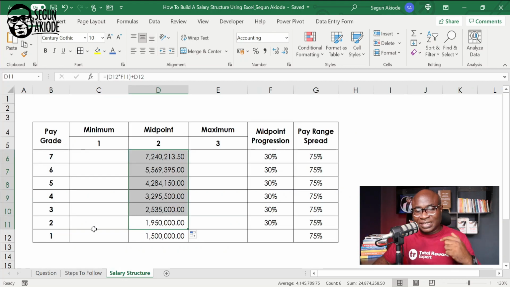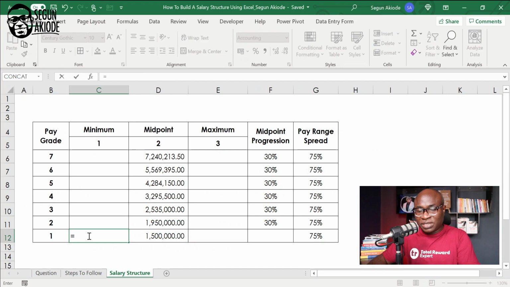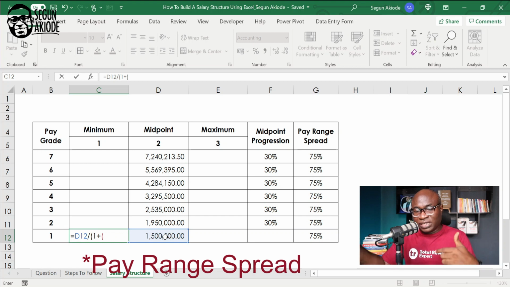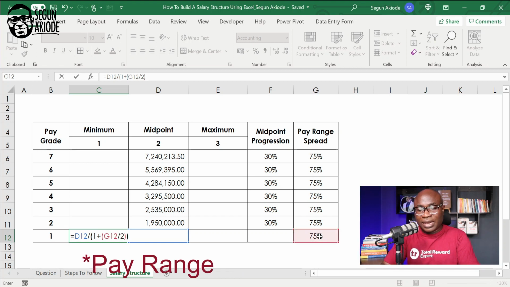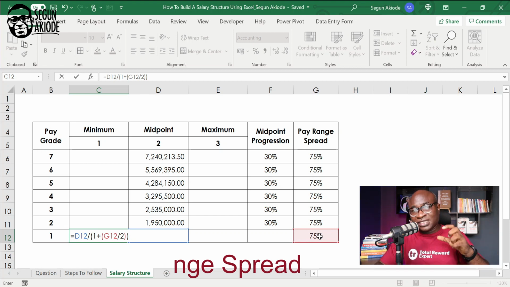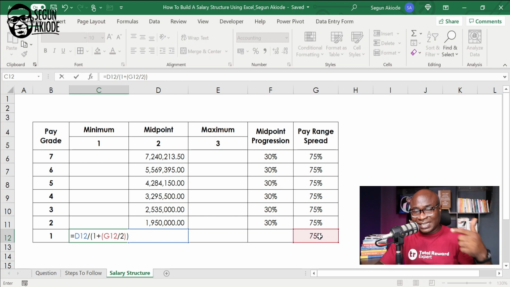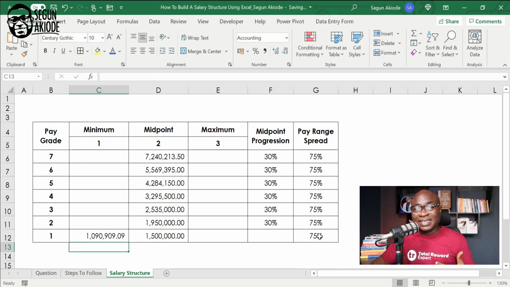Let me illustrate that in the calculation. So you would pick the midpoint, you divide, let me open a bracket to sort out everything, 1 plus half of the range spread. So that's dividing the range spread by 2, and all of that added to 1. Then use that value to divide the midpoint, and there you would have the minimum for the first pay grade.